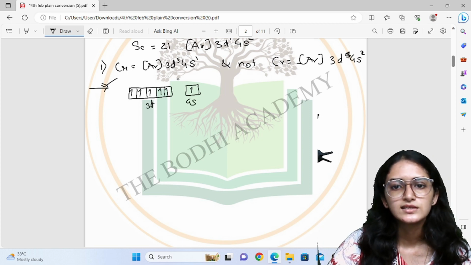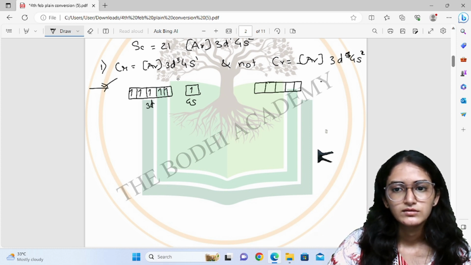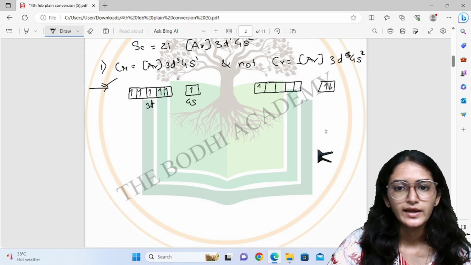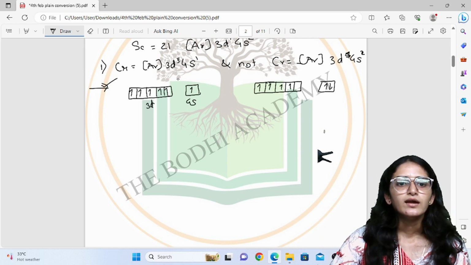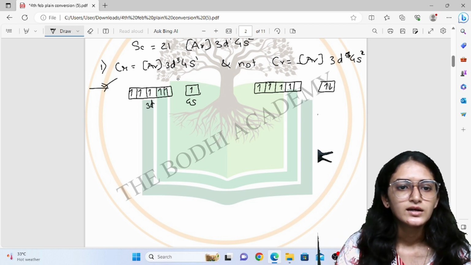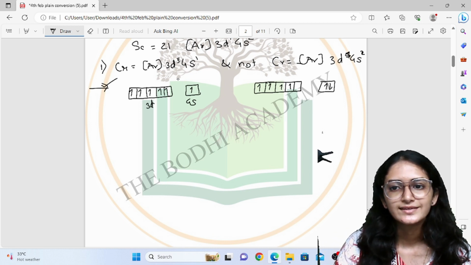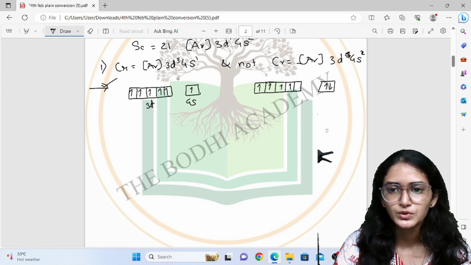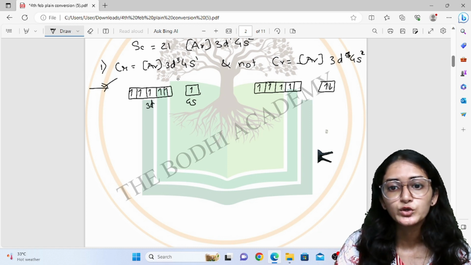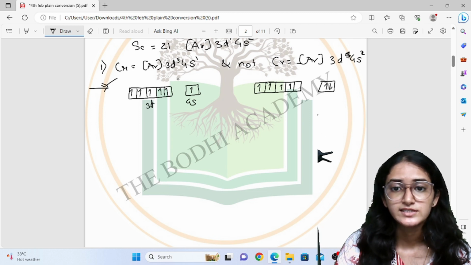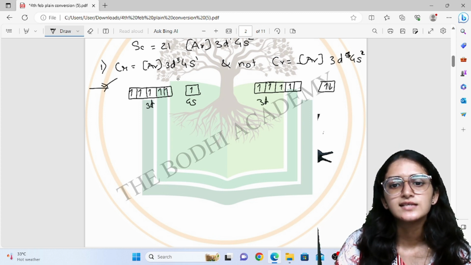If chromium had 4s2, it would be 4s2 and 3d4. Here 4s2 is filled, but 3d4 needs one more electron in the fifth orbital. With one more electron, 3d becomes a half filled stable configuration.